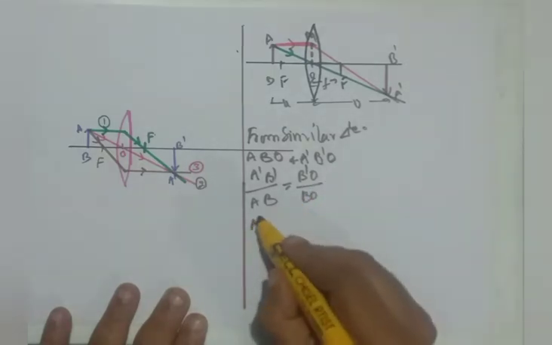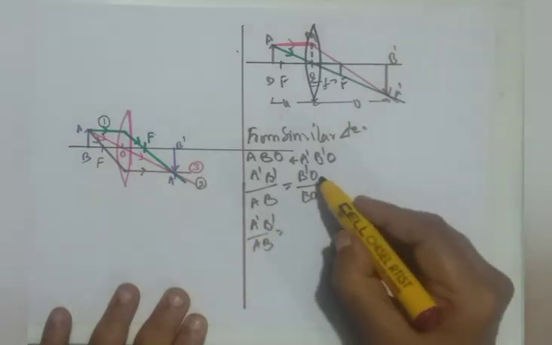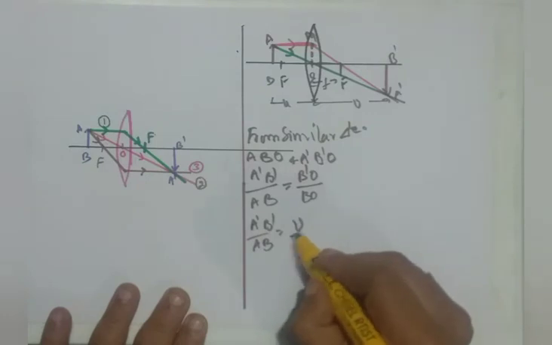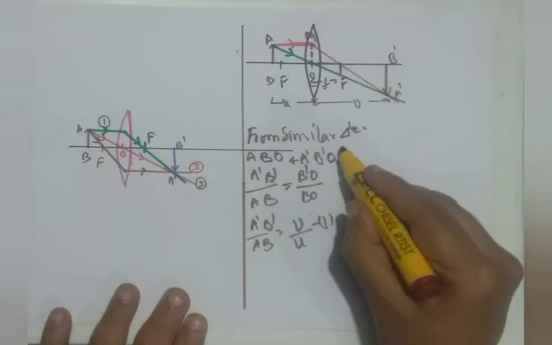That is A dash B dash by AB equals B dash O is V, BO is U. This is our equation 1.